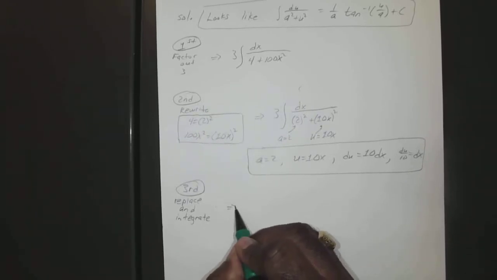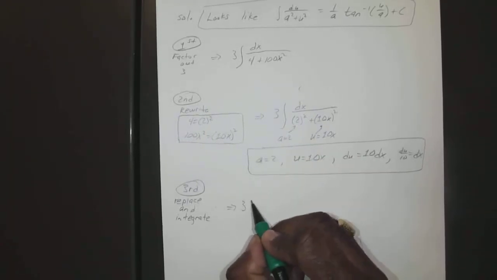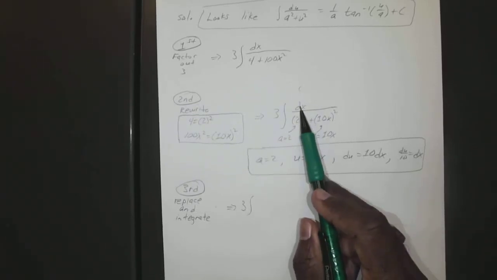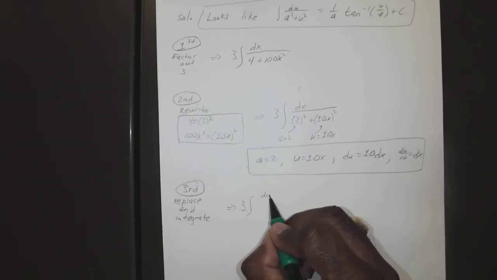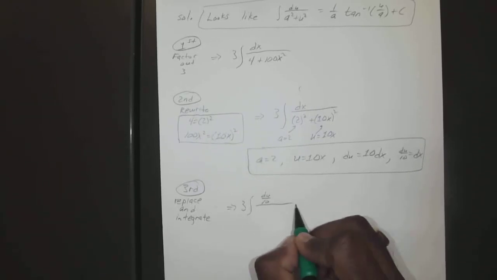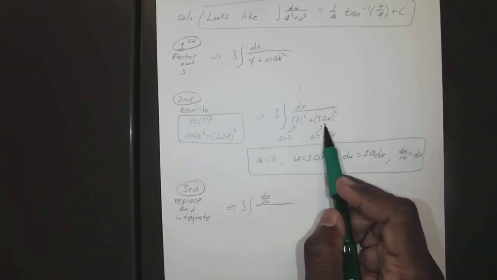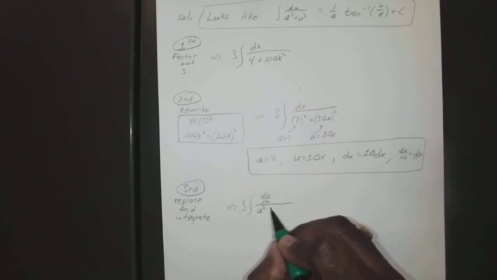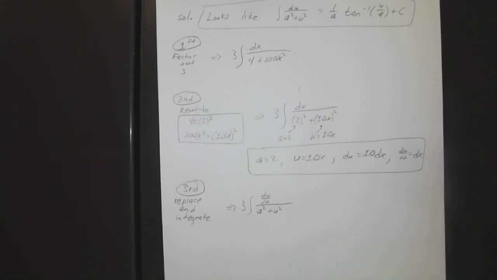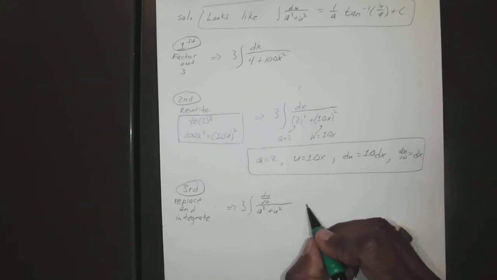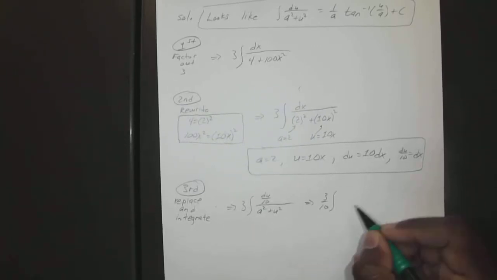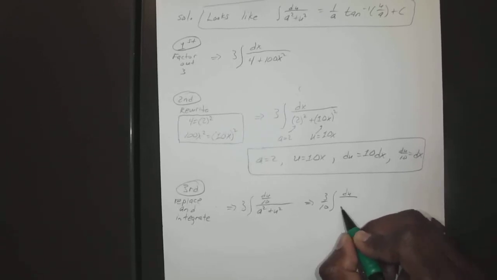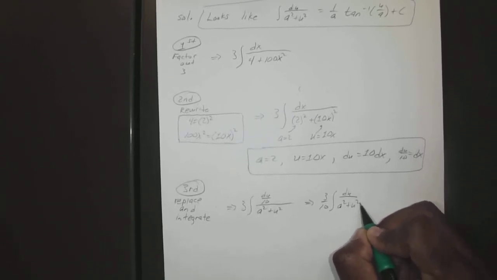So this will become 3 times the integral of dx, which is du over 10, divided by a squared plus u squared. If we bring that 10 out, that's just 3 over 10 times the integral of du over a squared plus u squared.